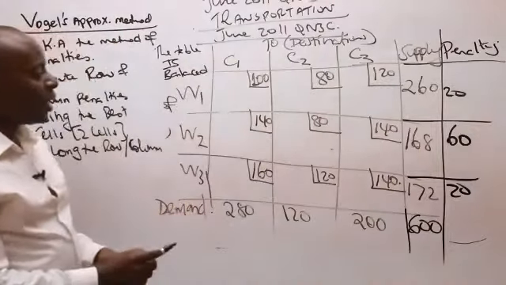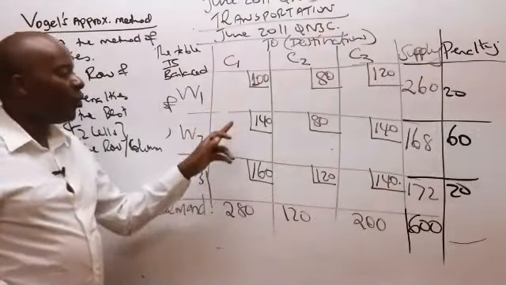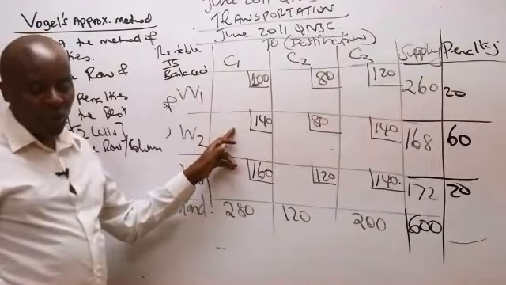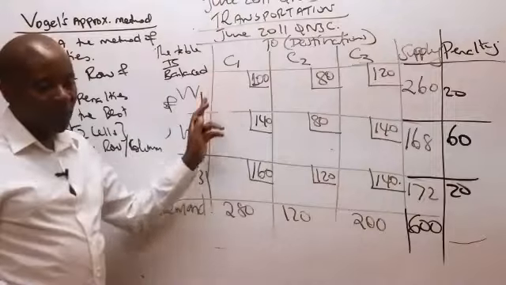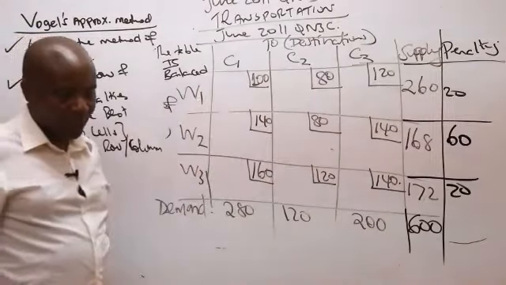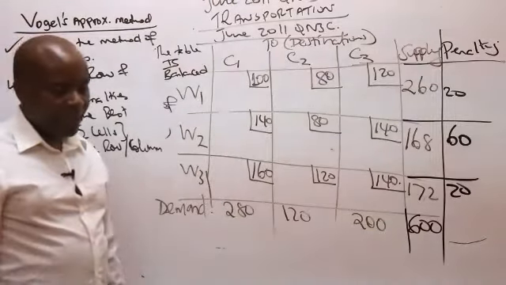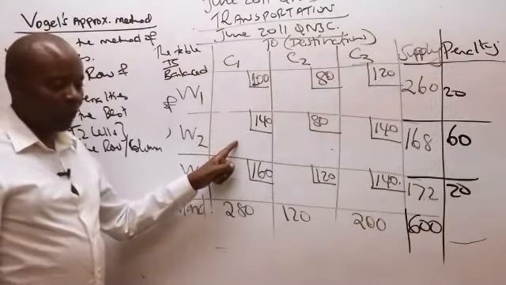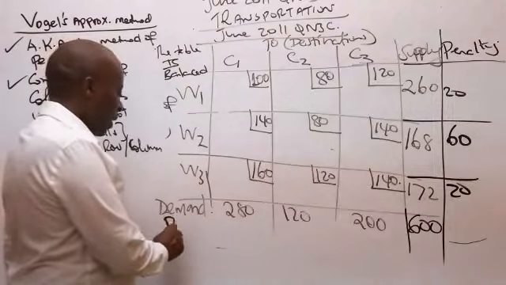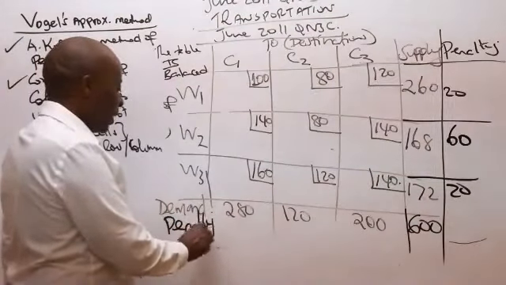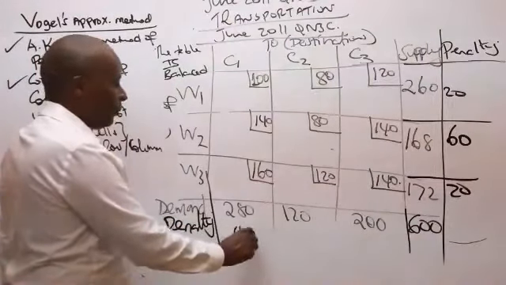The very best cell here is 100, followed by the second one here, which is 140. So that difference gives me what, somebody? 100 minus 140. I'm able to see a penalty of 40 bob.